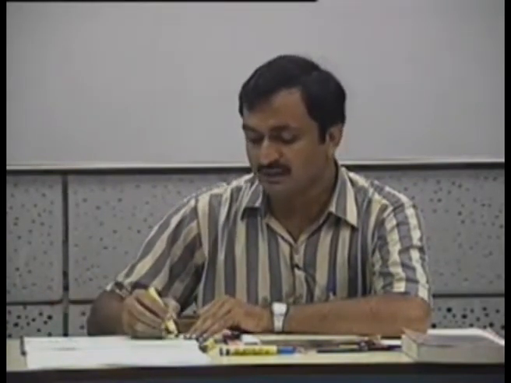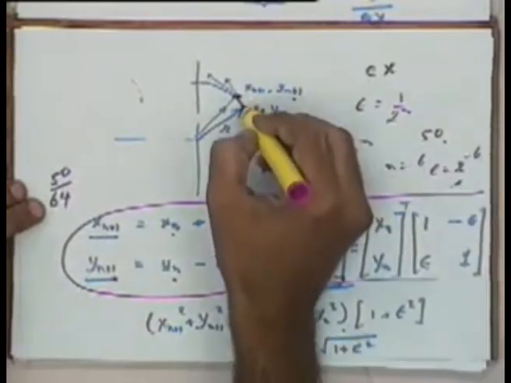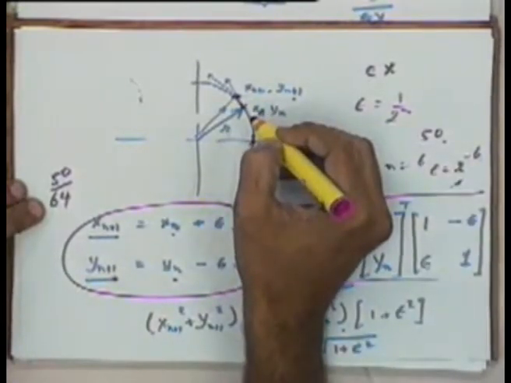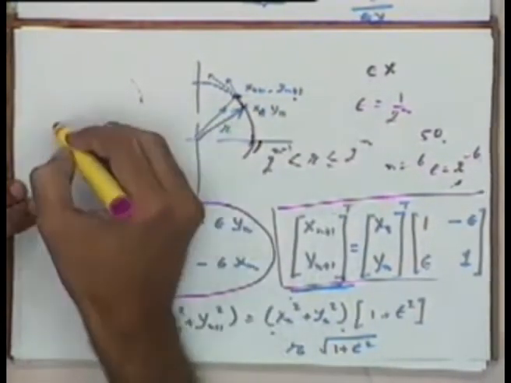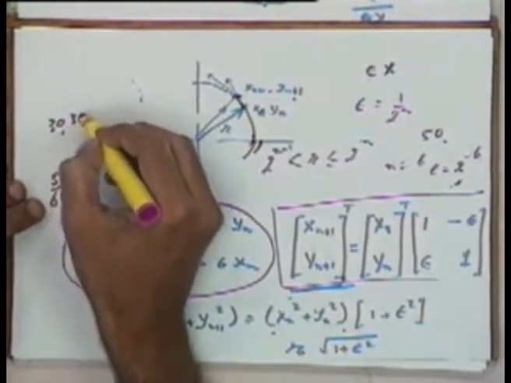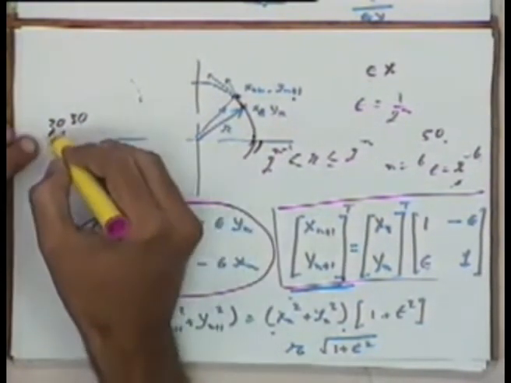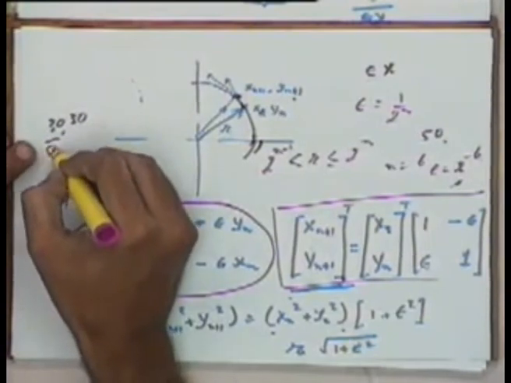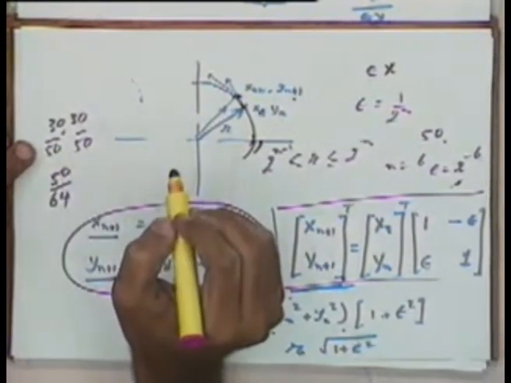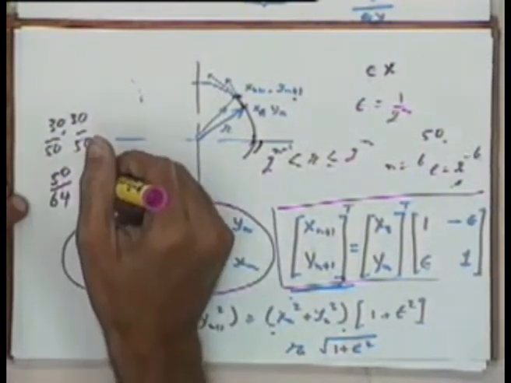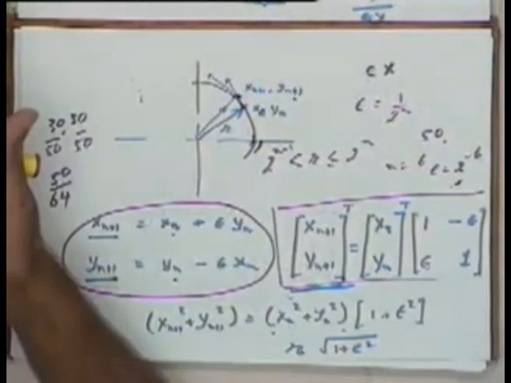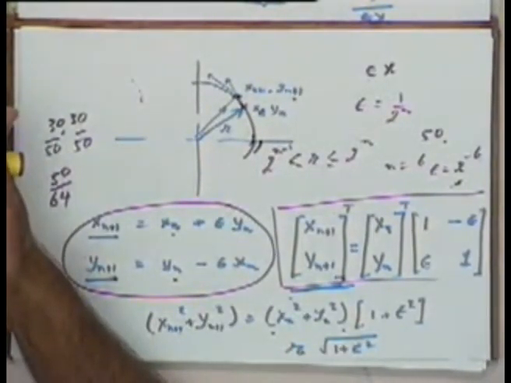But if you want to divide by 50 every time, say at this point the values of x and y are 30 and 30, you have to divide 30 and 30 by 50, which is going to take more time than just doing n right shifts.